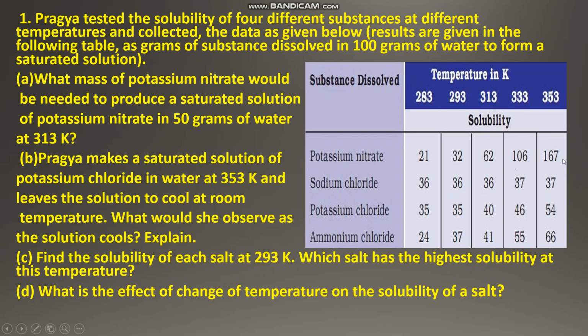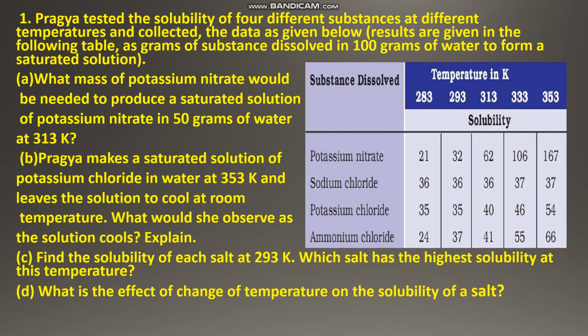At 353, it is 167 gram. And you know already what is meant by solubility. It is the amount of solute present in a saturated solution at a given temperature. For example, here at 283 Kelvin, the solubility of potassium nitrate is 21 gram per 100 gram of water.